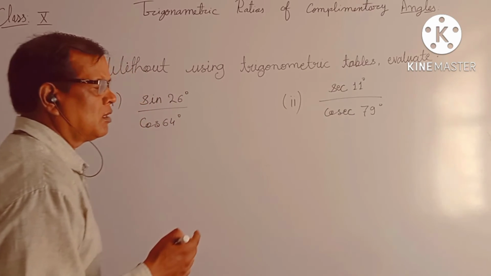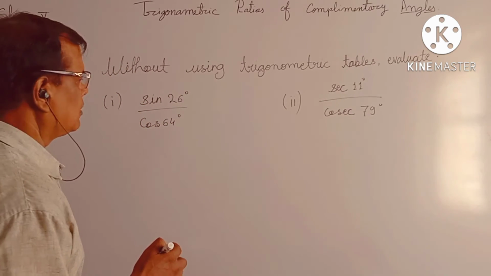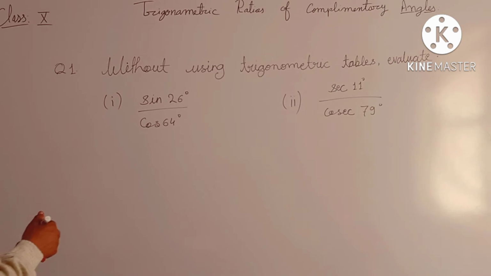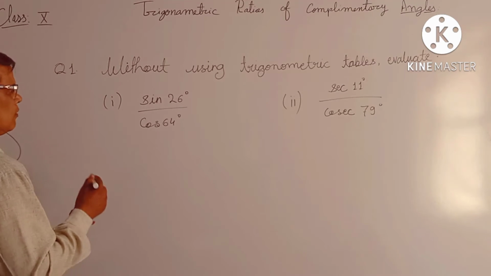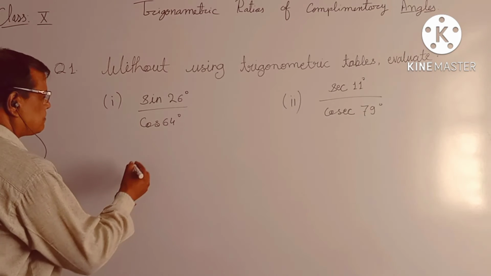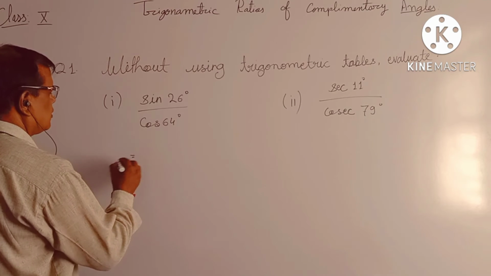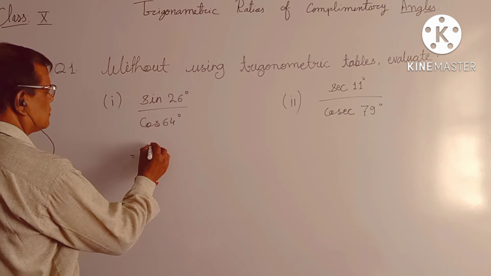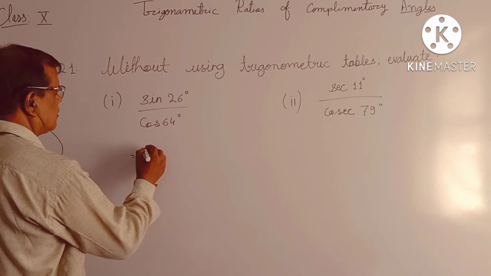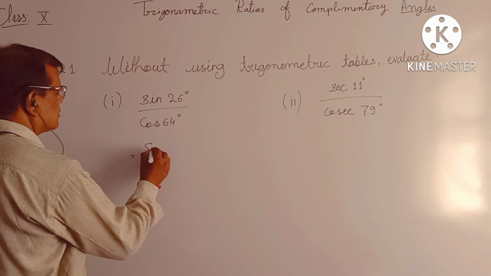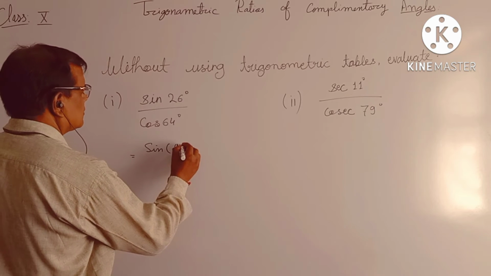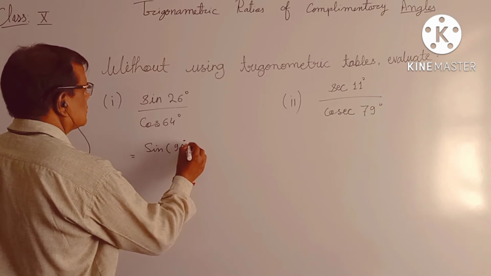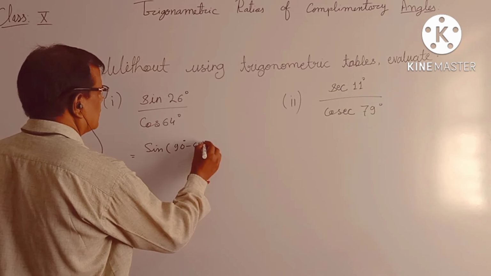If we change the denominator, then we don't change the numerator. This way we can find the value. Change the numerator: sin 26 we can write as sin of 90 minus 64 degrees.